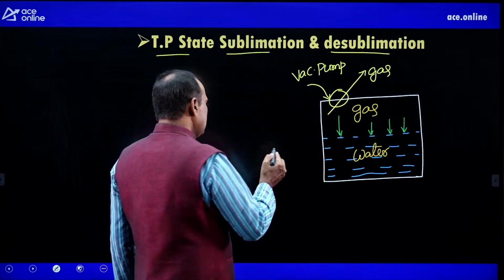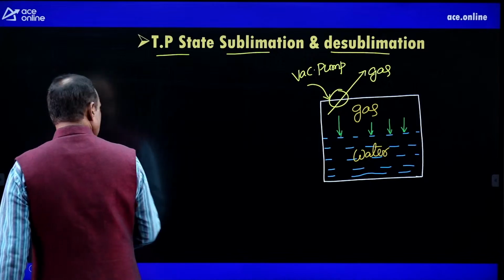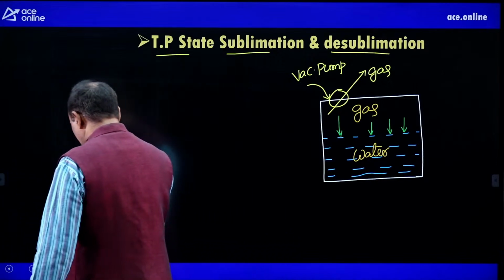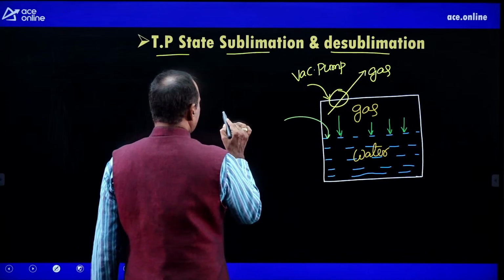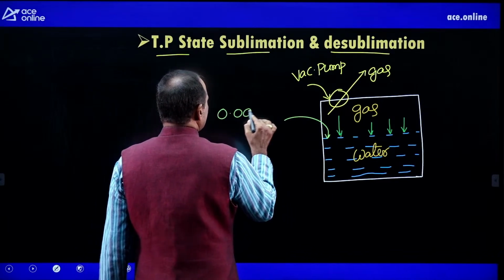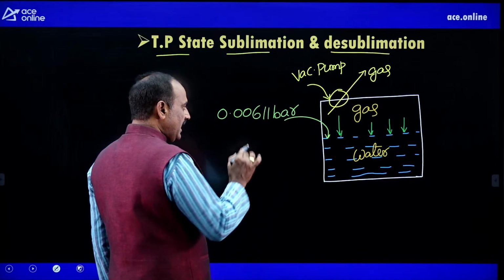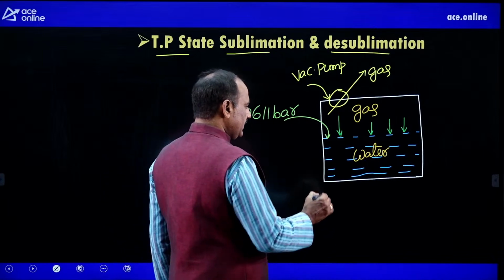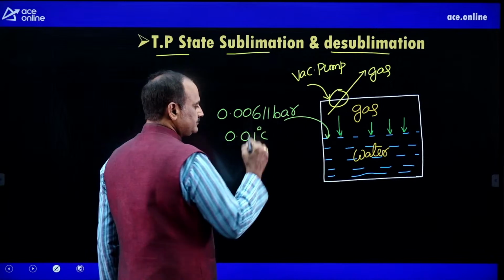Okay? Once the pressure on the surface of the water reaches 0.00611 bar, at that particular pressure, the saturation temperature is 0.01 degree centigrade.